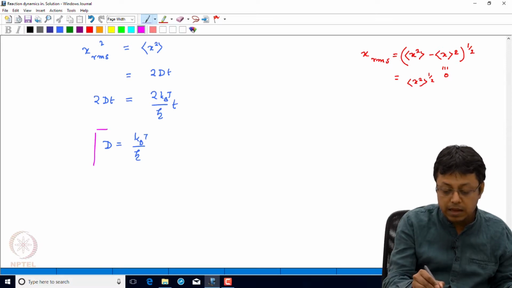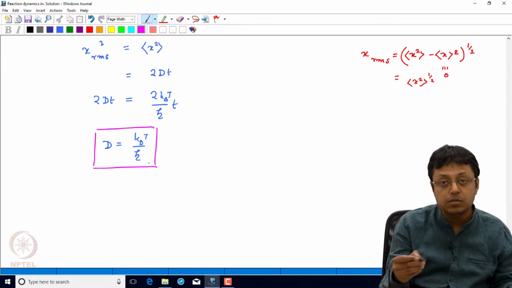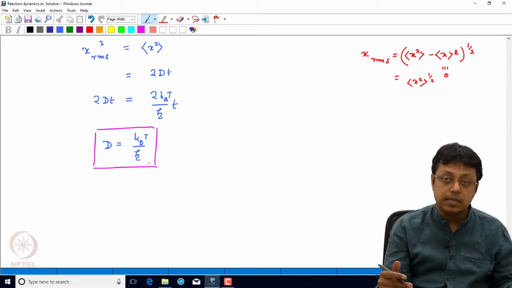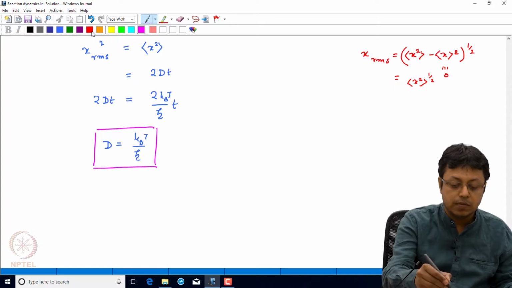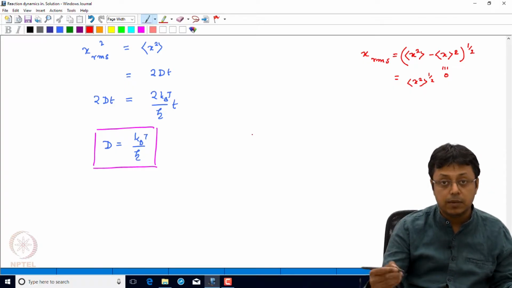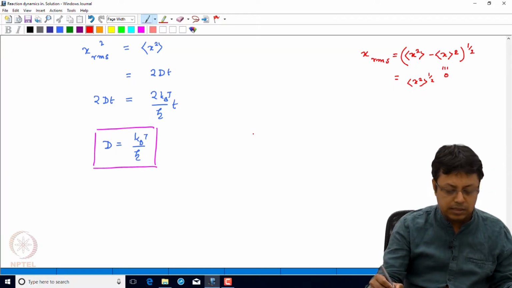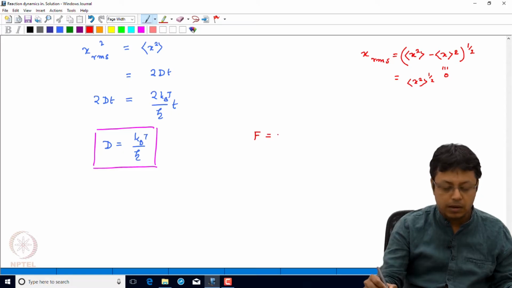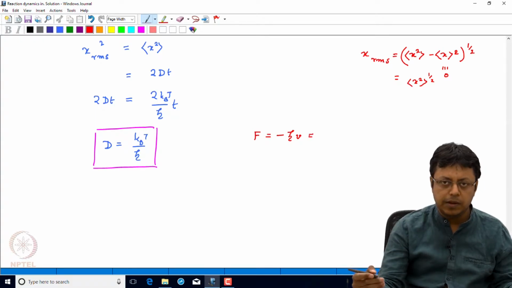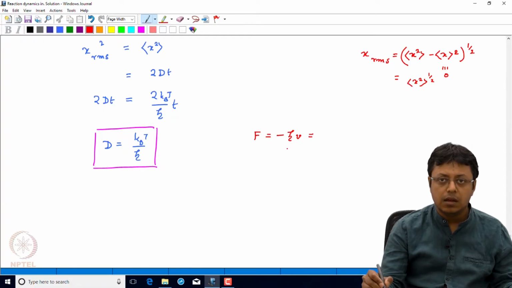Now you can further use the expression for zeta. Zeta is again a frictional coefficient. Now you can use Stokes formulation, where he said that for a spherical particle, the force which acts on a Brownian particle will be nothing but minus zeta into its velocity.